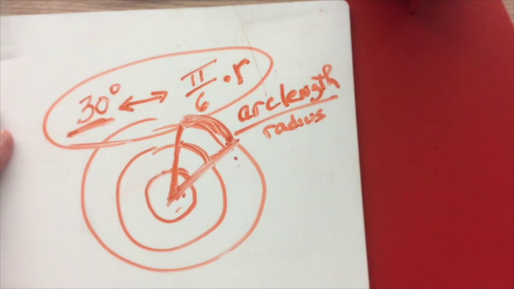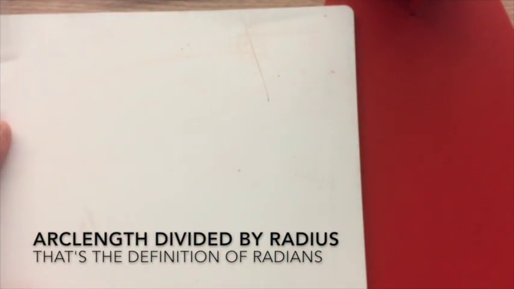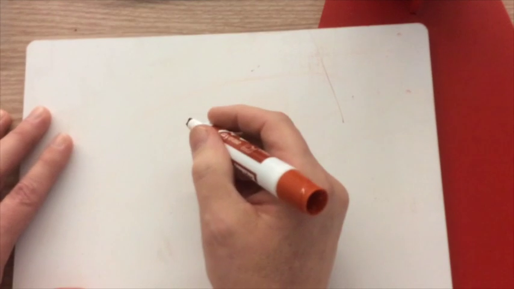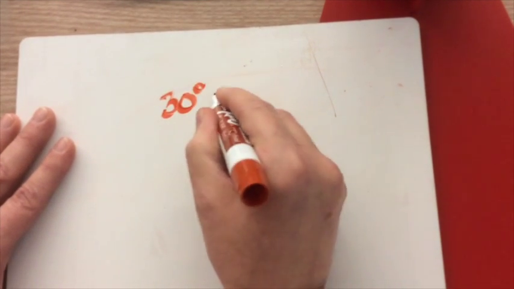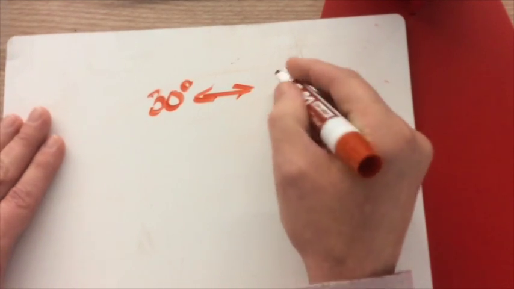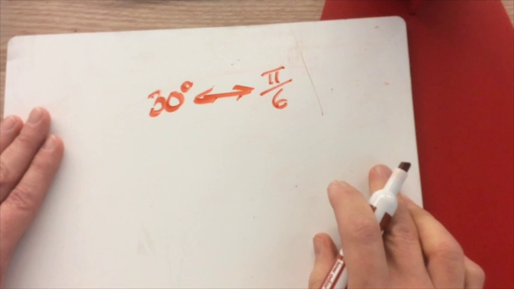If you think about what that means, we could set up a chart. 30 degrees is always going to have pi over 6 when you take the arc length and divide it by the radius.